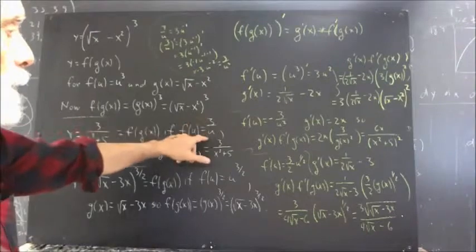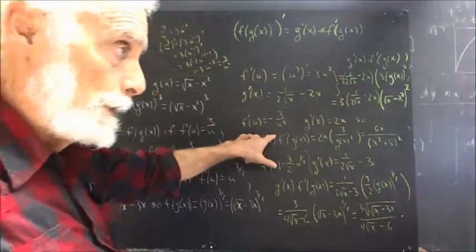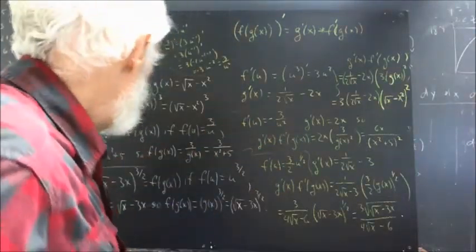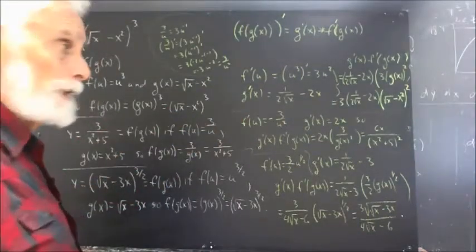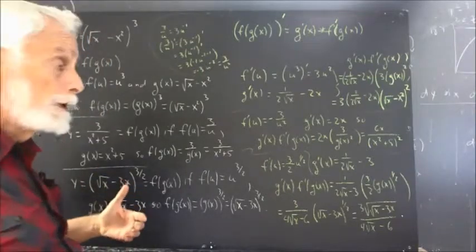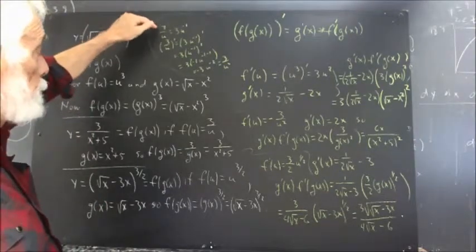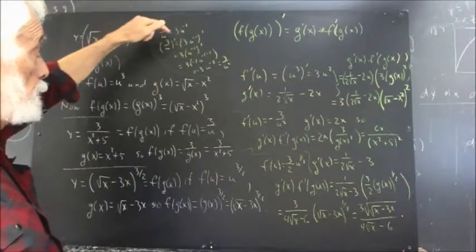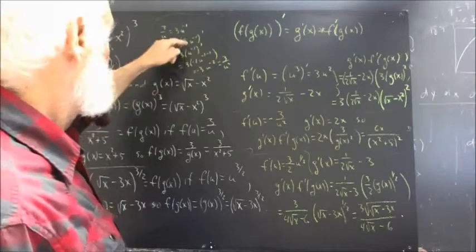F of u is 3 over u, so f prime of u is negative 3 over u squared. Now that's something you should understand well by the time of this class, having had plenty of homework over that during the last week. But just to be sure, because some people were a little hesitant, 3 over u means 3u to the negative 1, and then 3 over u prime is 3u to the negative 1 prime. 3 is just a constant multiple.